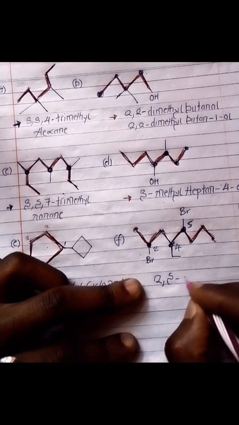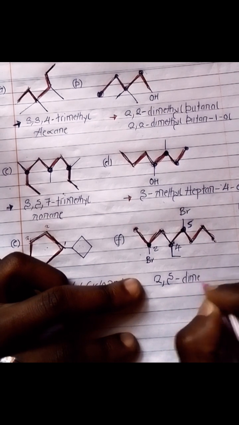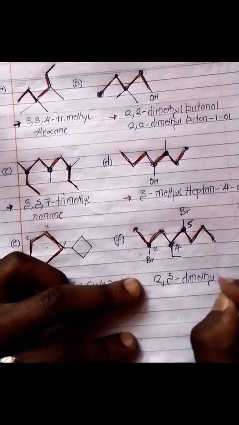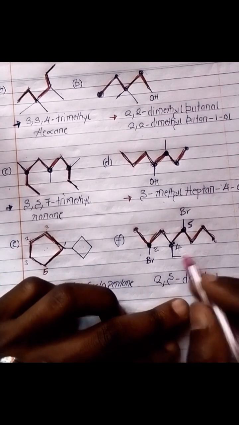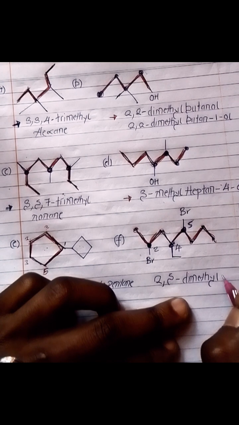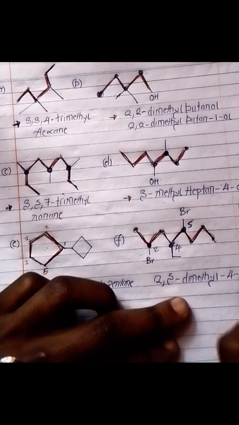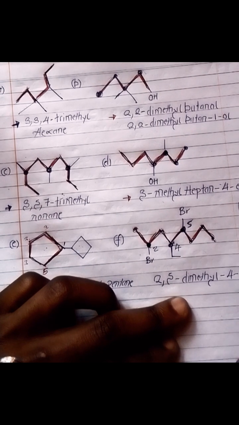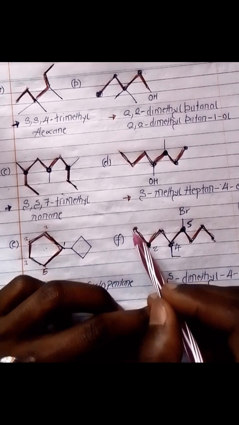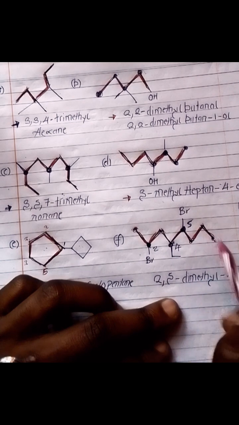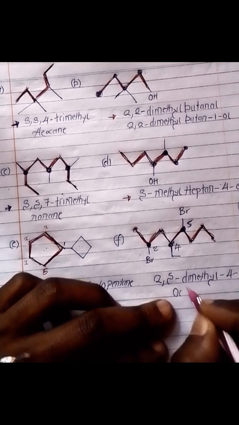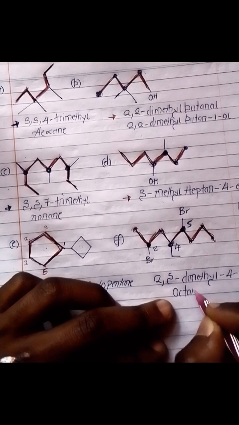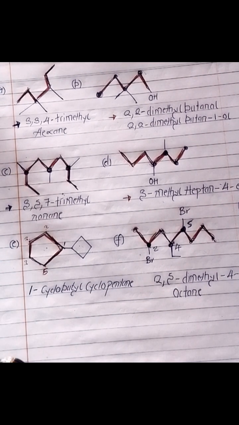So I'll say 2,5-dibromo. What else can I see? I see an ethyl group, and it's at position 4. So I'll say 4-ethyl. And then I talk about my parent chain. 1, 2, 3, 4, 5, 6, 7, 8. So the 8 is octane. Having done that, that's section A.